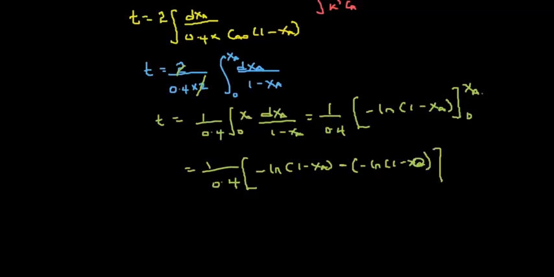What I simply did here was take note of the limits. The first one is XA, so I have minus ln 1 minus XA, minus, I repeat it again, only that instead of XA I now use 0 here.